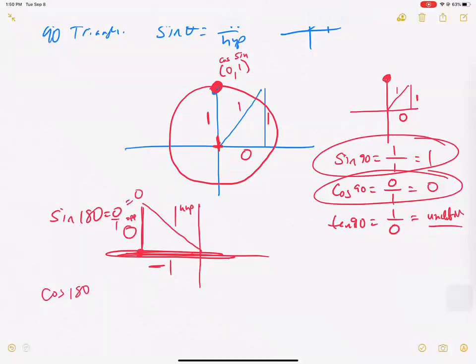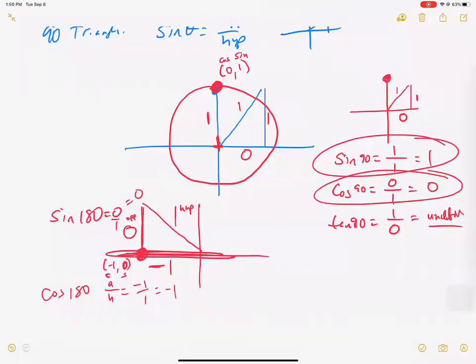This is going to be adjacent over hypotenuse. Looking at this problem, adjacent is negative 1 over 1, which is negative 1. If this was a unit circle, this would be the point -1, 0, where the sine would be 0 and the cosine would be -1.